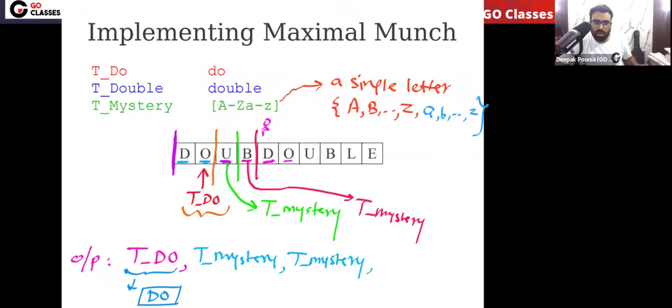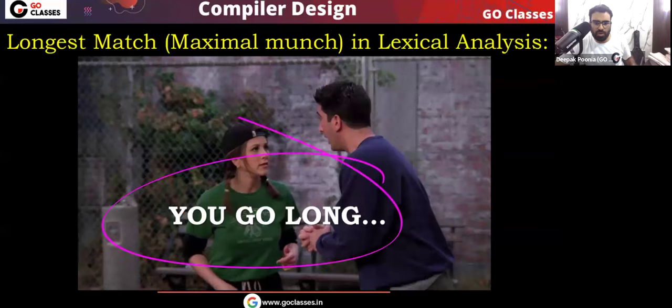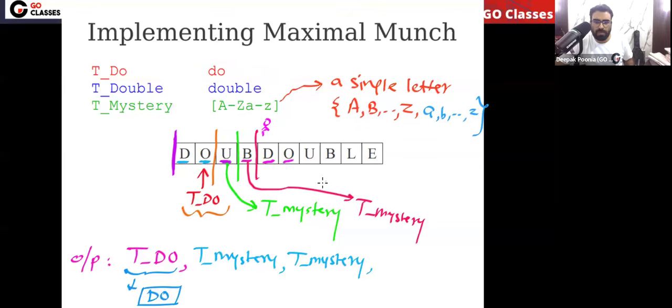Now, you will go long. So when you read this O, now who is in the race? You can see this mystery token is out of the race. Only these two regular expressions are in the race. Yes or no?